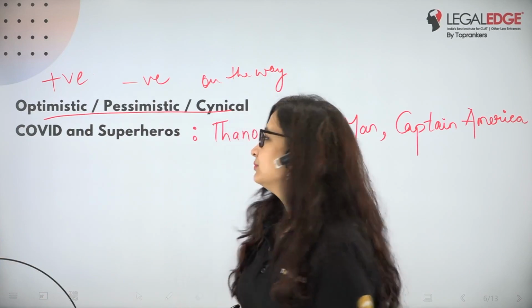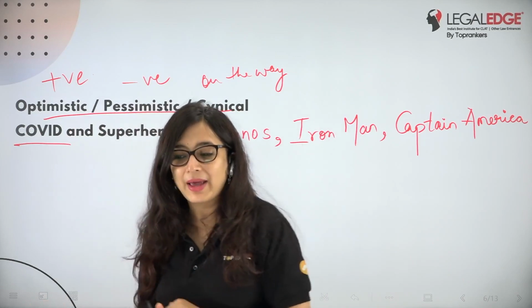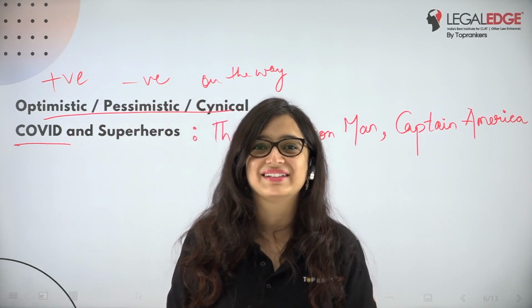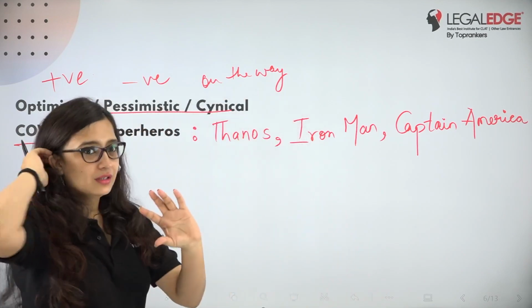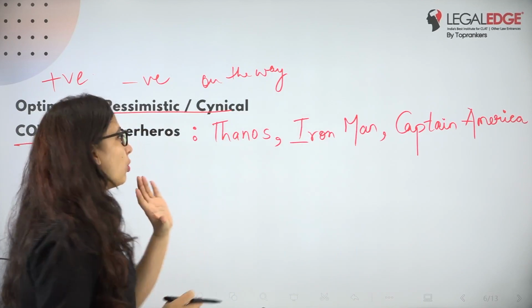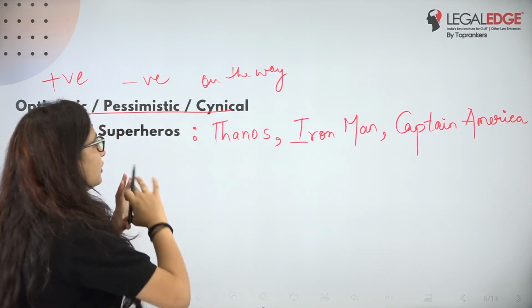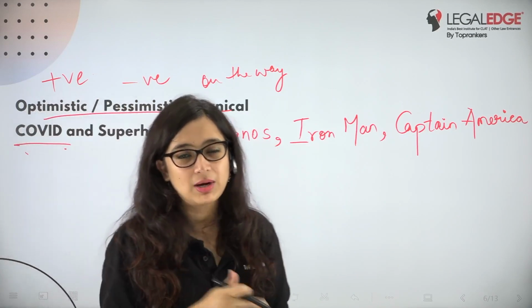Now, जैसे मैं आपको COVID से related एक example दूं, so I would say that COVID में there were people, ऐसे लोग थे, अभी COVID की third wave आ रही है, तो there are 2-3 things that can be said about COVID.